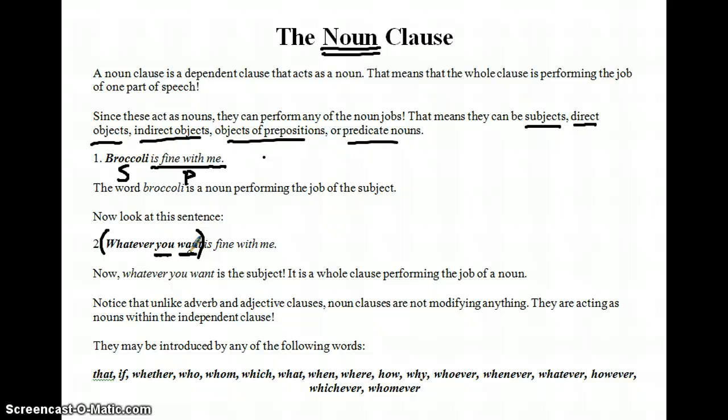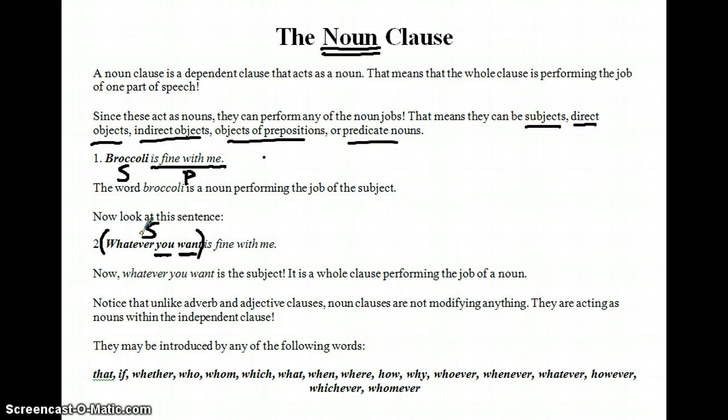It'll start with one of these words, and you've got to recognize, just like you could recognize broccoli is fine with me, that broccoli is a subject, you should be able to look at whatever you want is fine with me and see that whatever you want is functioning like a noun. It's functioning like the subject in that sentence, okay?